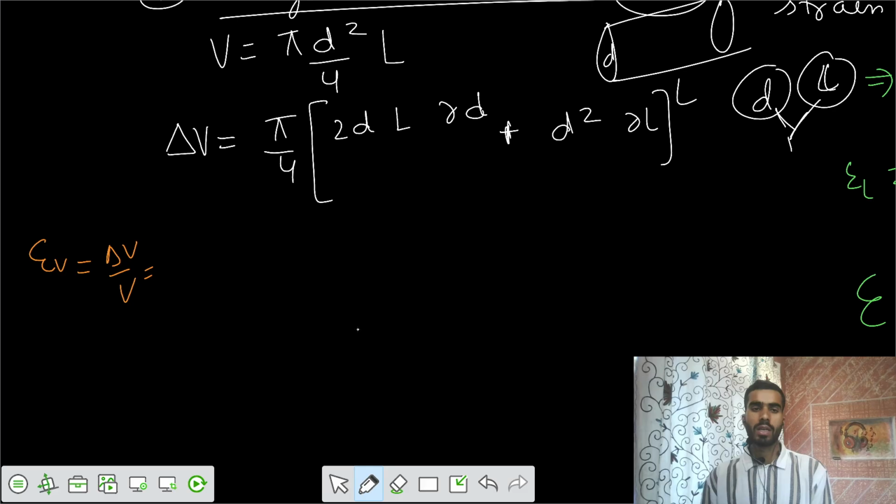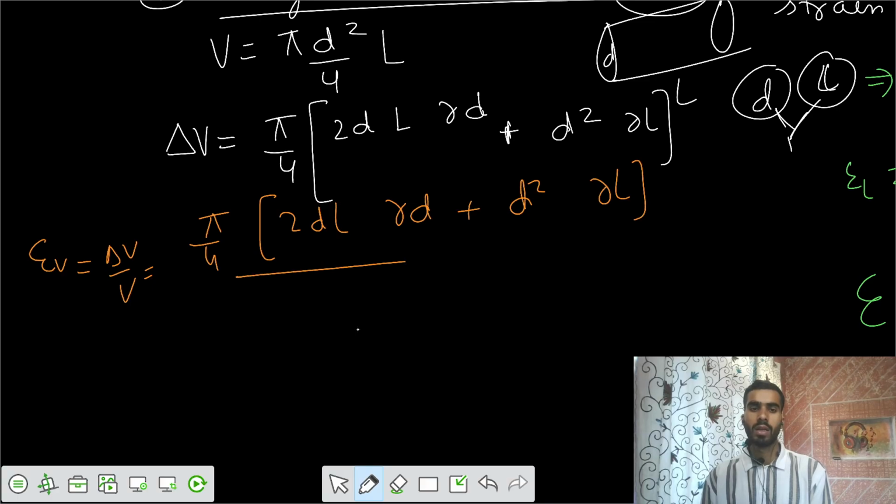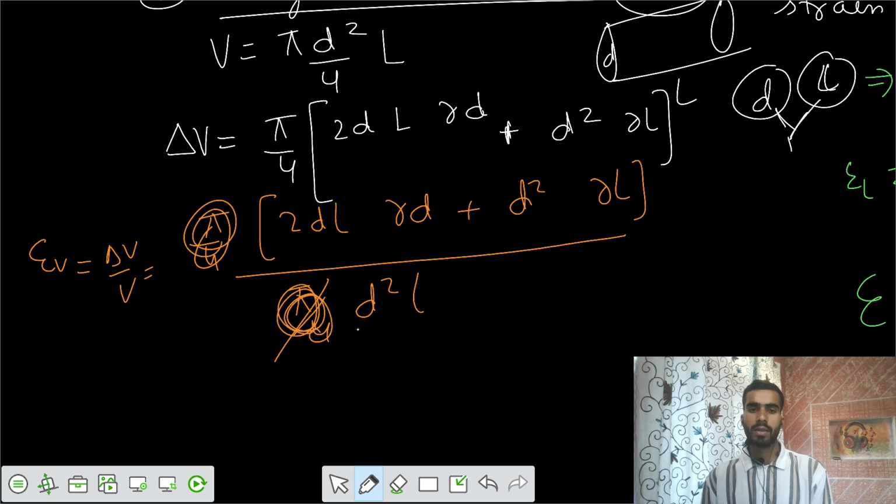That equals pi by 4 into 2d L dou D plus d square dou L, divided by pi by 4 d square L. This part goes, and for the inner part we can get some value, 2 times dou L by L. It's not dl, it's d times L. This is d separate, then L.